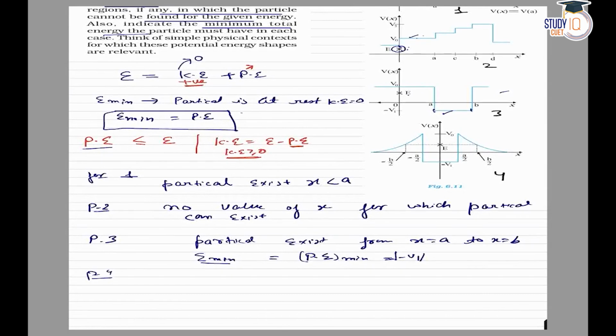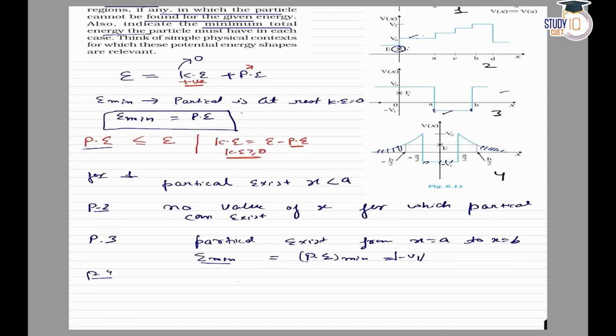Part 4. In this, we are supposed to find the region in which the potential energy is less than total energy. So in this region, the potential energy is less than total energy. In this region, the potential energy is less than total energy. And in this region, the potential energy is less than total energy.